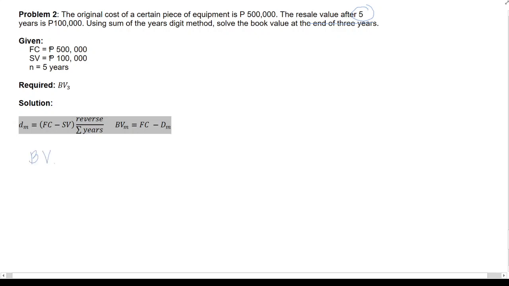So the book value at the third year is equal to the first cost, that is 500,000, minus the depreciation at the third year, that is the first cost 500,000 minus the salvage value 100,000, multiplied by the reverse over the sum of the years. The sum of the years is 5 plus 4 plus 3 plus 2 plus 1.